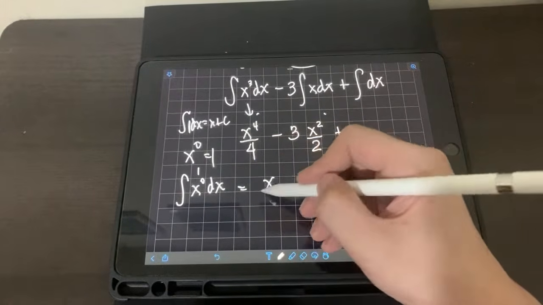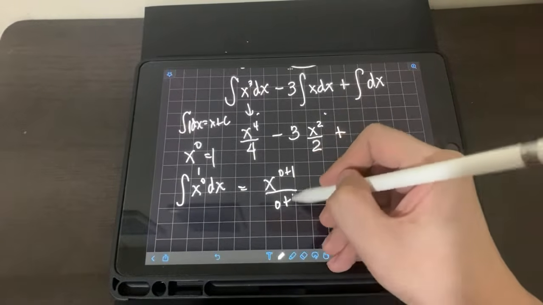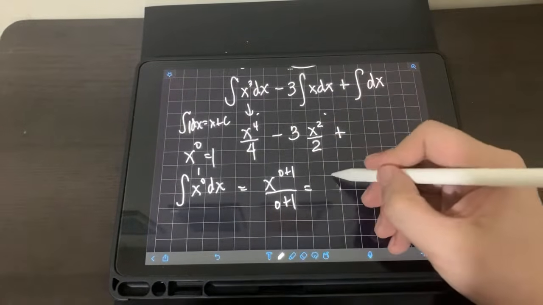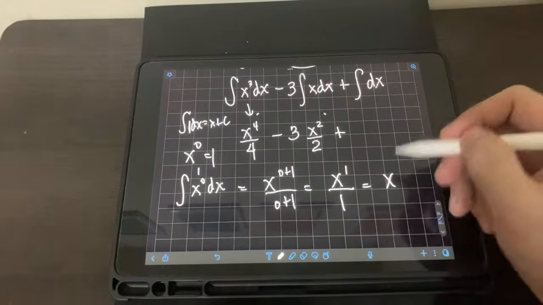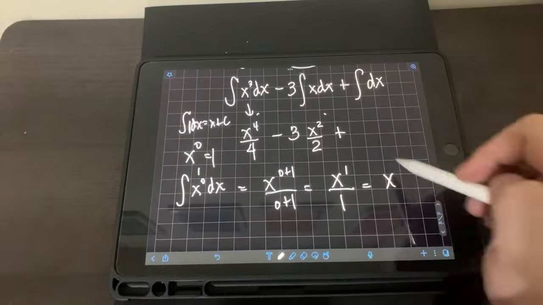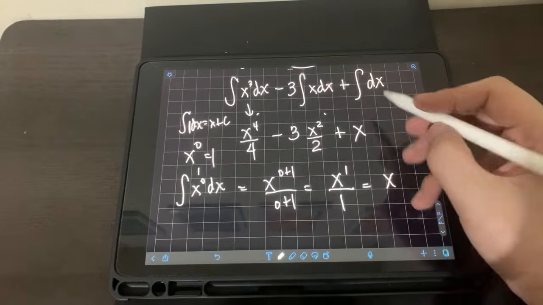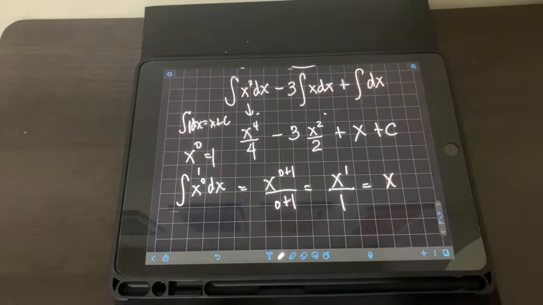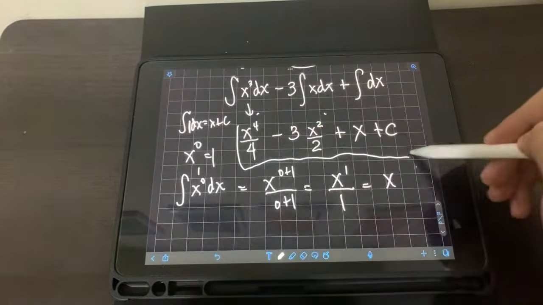It is x raised to 0 plus 1 divided by 0 plus 1. So you have x raised to 1 over 1 or simply x. So kaya ang integral ng dx is laging x. Okay, so therefore we have plus x here. And then don't forget the plus c. So this will be your final answer.